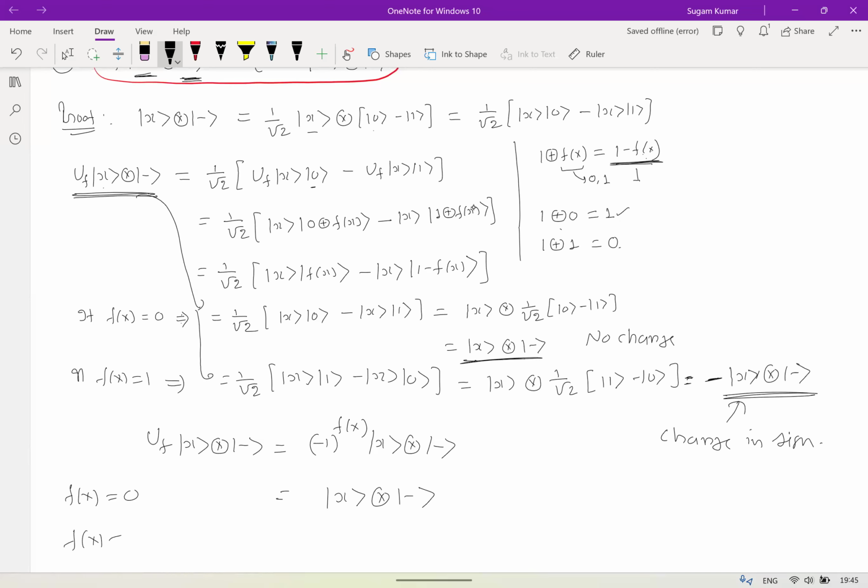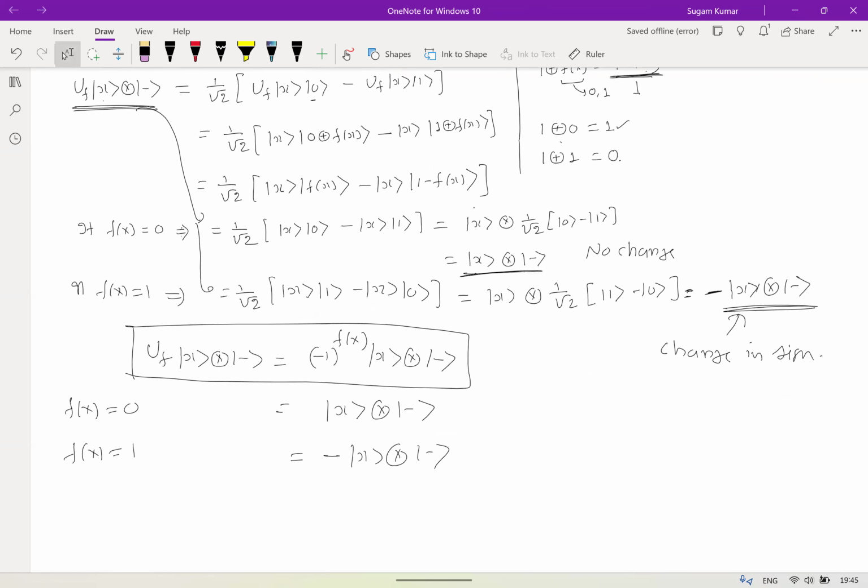And if fx becomes 1, then this is going to become minus x tensor product negative, correct? I hope it's clear to everybody. This is how I can write down this operation. I need your feedback now, because after this, the things will become a little bit more complicated. So up till here, I think we should be clear.